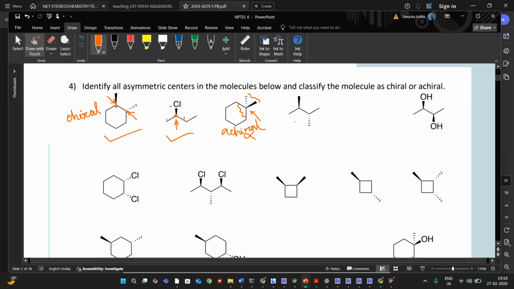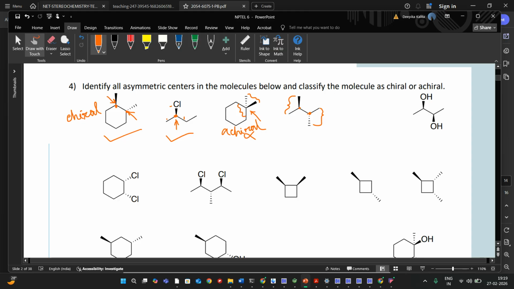Then we will go to the next molecule. In the fourth molecule, if we look at these two centers, they may look like asymmetric centers, but again, in both the centers, two of the substituents are methyl groups.